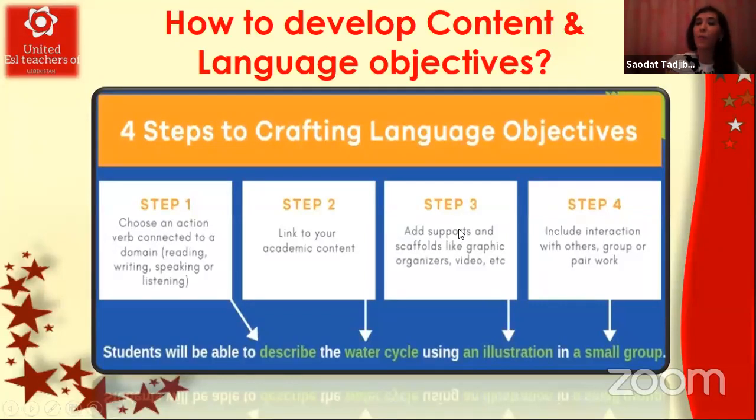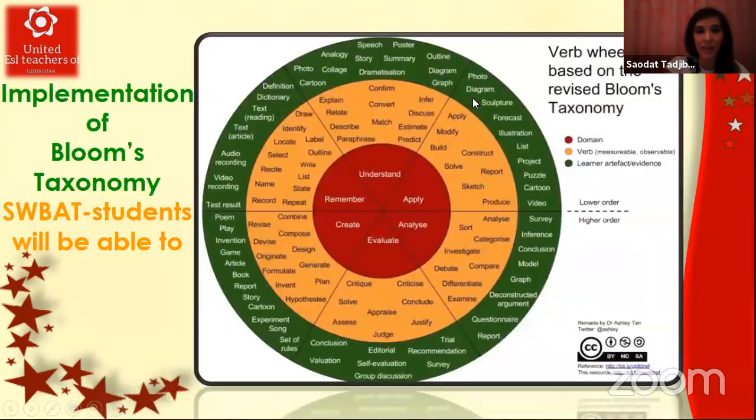You will connect your topic to this verb, which was derived from these domains, of course. And then in step 3, you will add supports and scaffolds like graphic organizers and videos, from this green circle, right? These are all supports, realia, or other related materials which are very useful to design during your lessons.